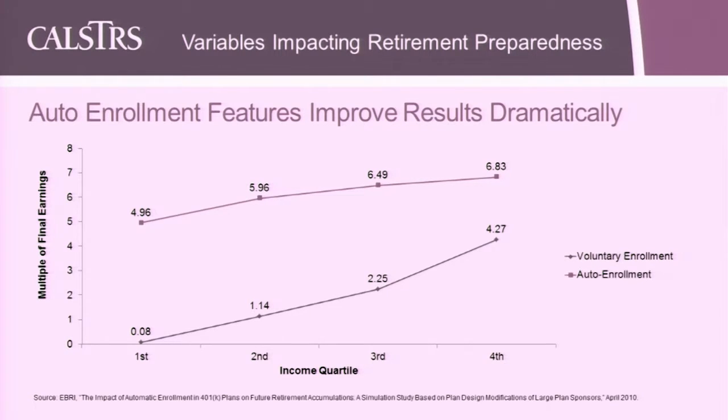You can see the impact of automatic enrollment. People do better. They wind up with higher levels of savings, and in particular, the low earners, who are those at more risk of falling short, see a bigger impact for that particular subgroup.